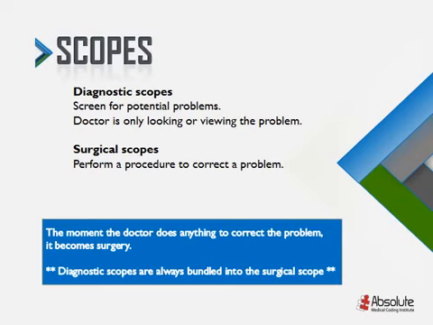This is very important because diagnostic scopes are bundled into surgical scopes. Once a diagnostic scope turns into a surgical scope, don't code the diagnostic scope. Diagnostic scopes are always bundled into surgical scopes, assuming that the scope does not come out of the body. The moment the doctor does anything, you switch to surgical, the diagnostic is bundled. That's very important to remember. So put it in your brain.